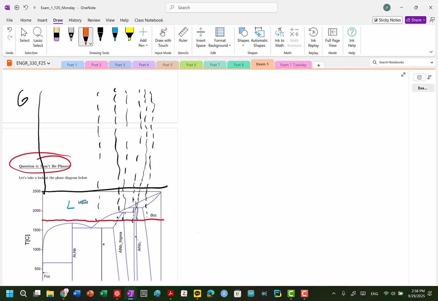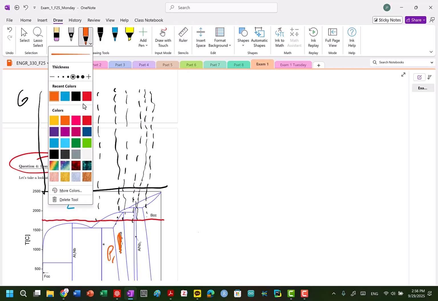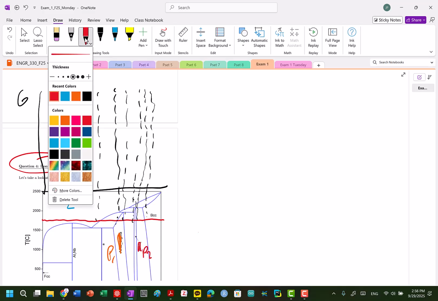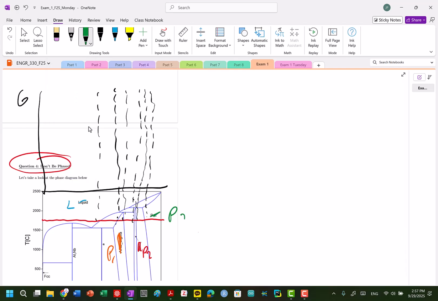I'm also going to say this is going to be my P1. This is going to be, let's go red, I'm going to call this my P2. And I'm going to call this, let's do this, P3.